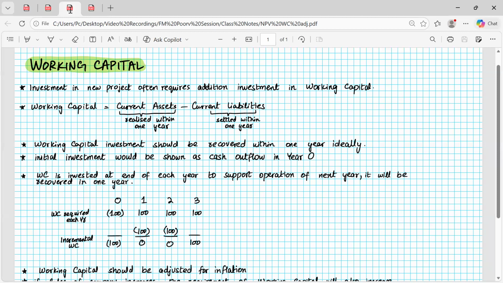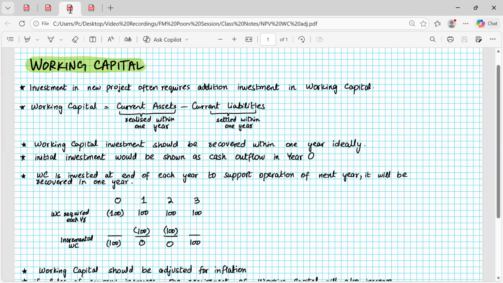Like, if you have receivables, you know that you are going to get cash from the receivables, ideally within a year. Similarly, payables are your current liability. Current liabilities are the liabilities that you will settle in 12 months. So the assets that are realized within 1 year are current assets, and liabilities which are settled within 1 year are current liabilities.